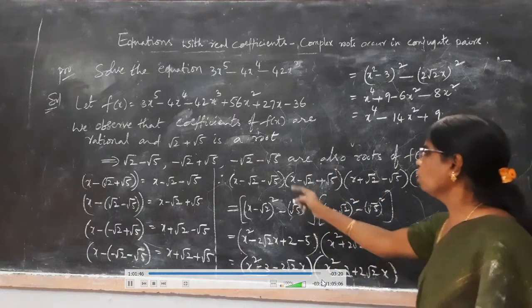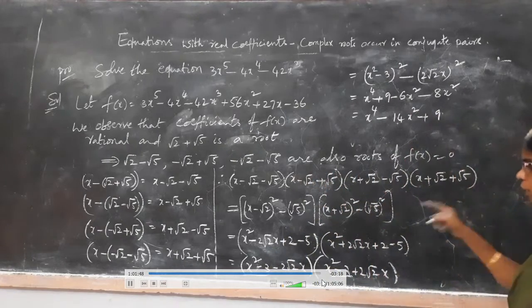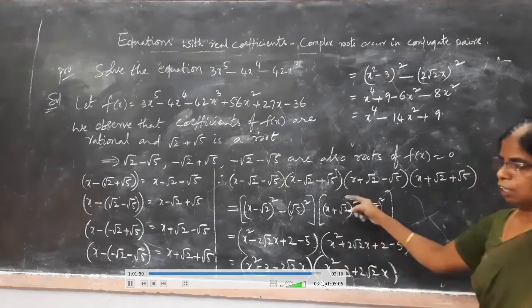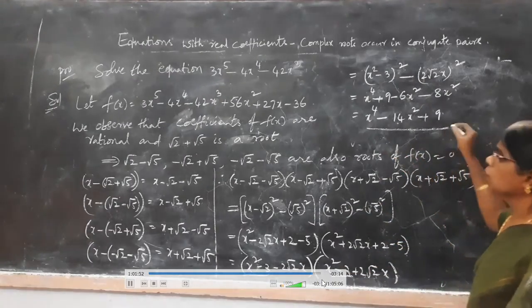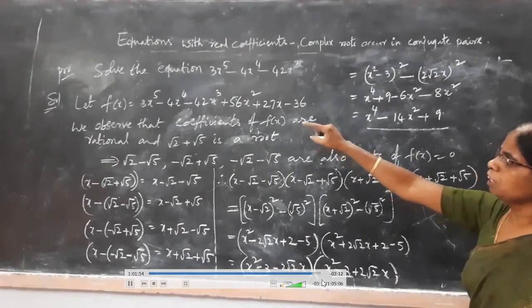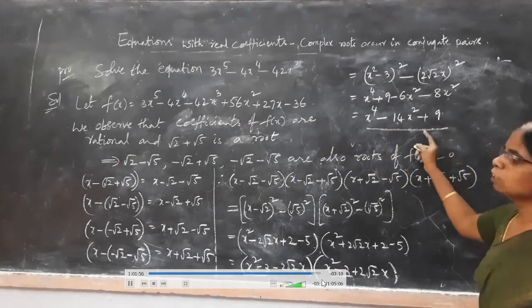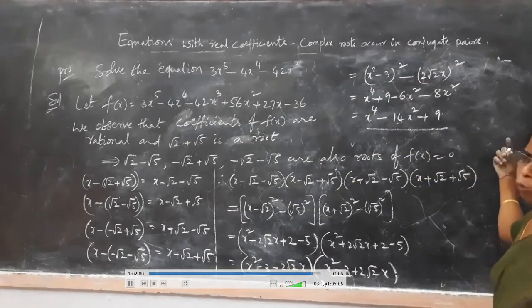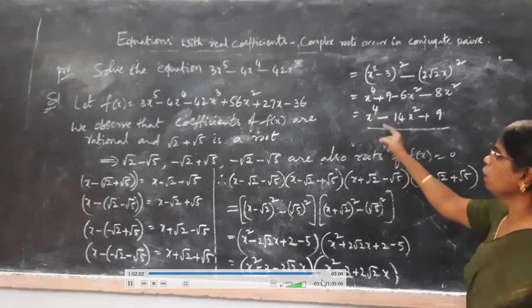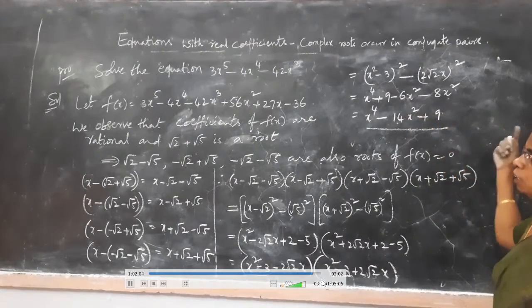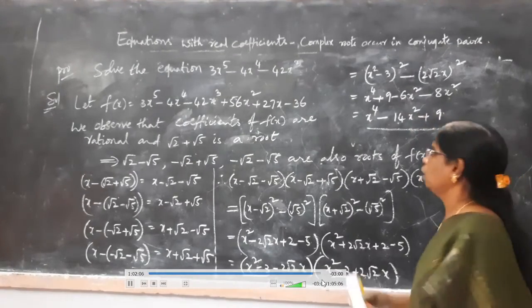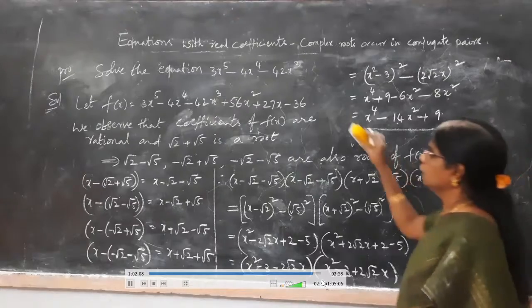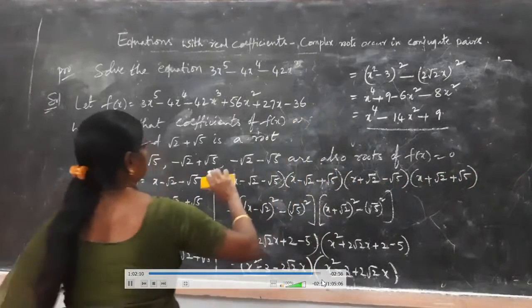If you multiply all these four factors and simplify, we got this one. Our given f(x) is of degree 5. We got a 4th degree factor. What will be the quotient if we divide f(x) by this factor? Our quotient will be a linear factor of degree 1. I will write that here. Okay?